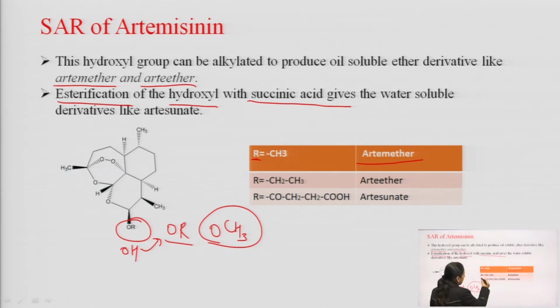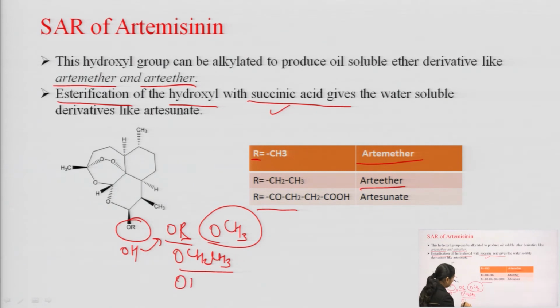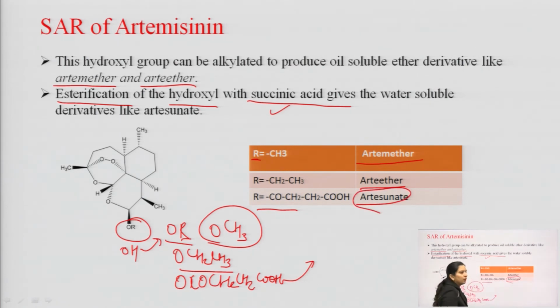Next, if there is a substitution of this R with CH2CH3, it leads to the formation of arteether. And last, if there is a substitution with succinic acid, it leads to the formation of artesunate. So, these are a few substitutions which can be done at this OR position.